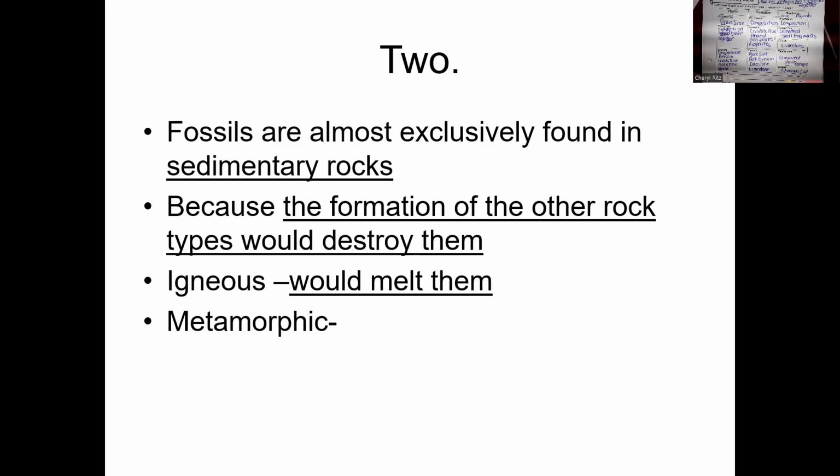They'd be too hot, they would get gooey. So again, in metamorphic rocks, those fossils would be deformed and not useful for identifying them. So we will only ever find fossils in sedimentary rocks. So fossils in a rock are a dead giveaway that it's a sedimentary rock.